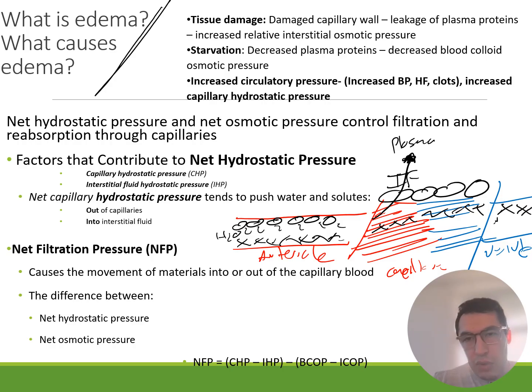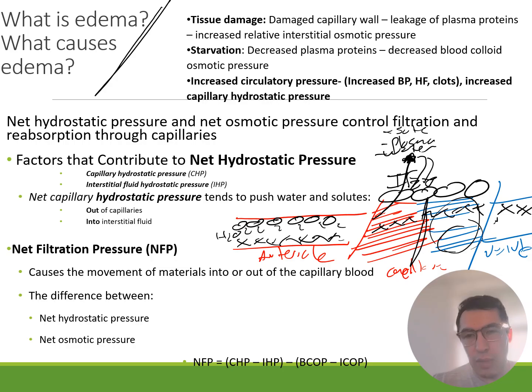But as we lose water and solutes at the first portion of the capillary, okay, the first portion of the capillary will filter it out into the interstitial fluid so that it can get inside the cells. This portion right here, the latter portion of the capillary, becomes more concentrated. So we have more of a colloid pressure, okay?